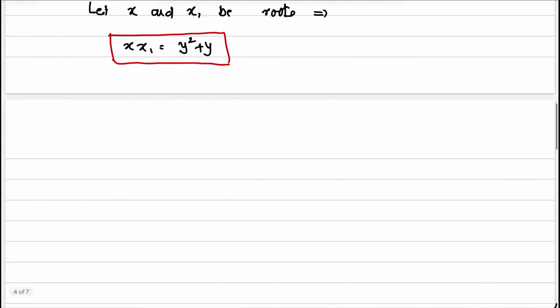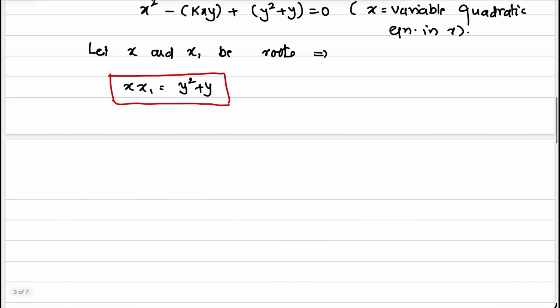Now, let us write it in terms of y, with y as the variable, as a quadratic equation.